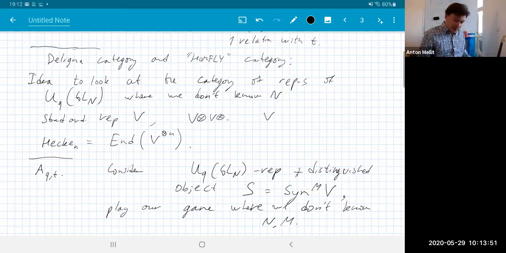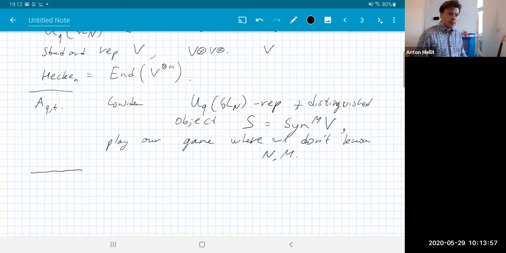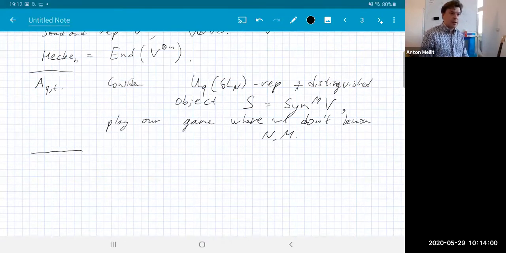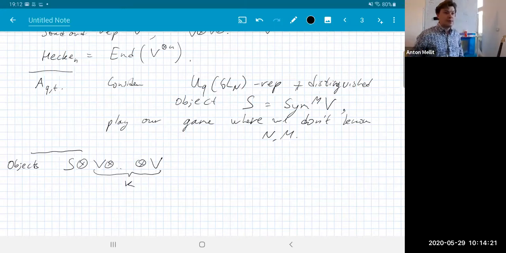So what kind of extra structure do we get? Again, we can form tensor products, so we can write S tensor V tensor V, objects like this where we can put k copies of V. But in the sequence of Hecke algebras, there was no way to change k.